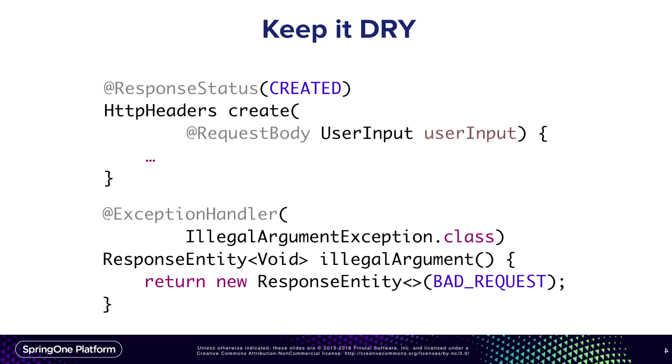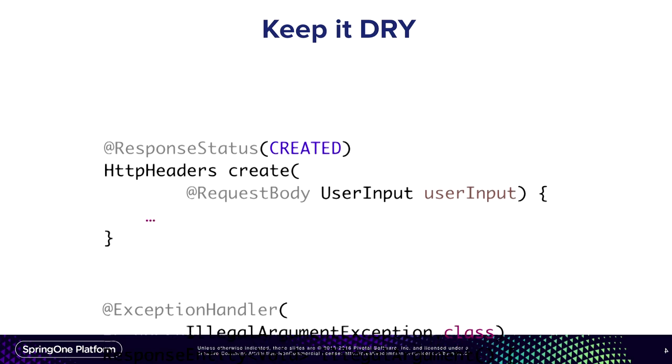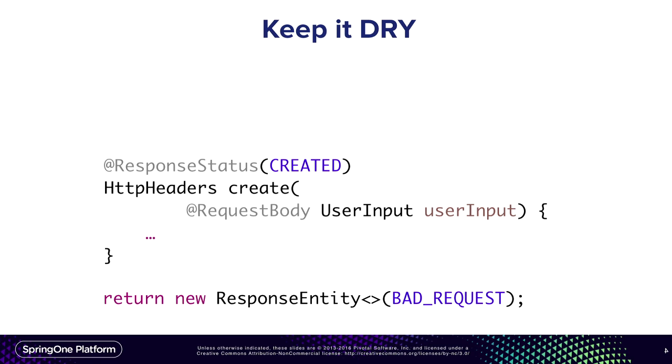You've got to keep it DRY. You can't repeat yourself in the controller, because if you do, you're going to get out of sync, and your documentation is not going to be up to date anymore. So here you have a create method and eventually an exception handler, and the create is going to return a response status of created.